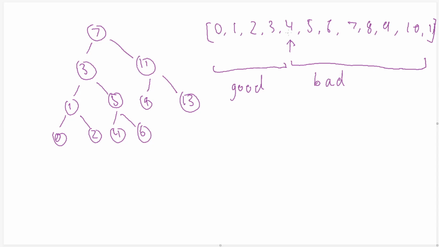So now our upper bound is 4 and our lower bound is 3, and we take the average and get 3.5, which gives us 3, which is still good. And then we're going to move that up to 4, take the average, the middle is 4, see that that's good, because it's good, we're going to move the lower pointer 1 up. And at that point, we will exit the while loop, and we will return where lower pointer is, which should be 5, because we will have moved it up by 1 spot.